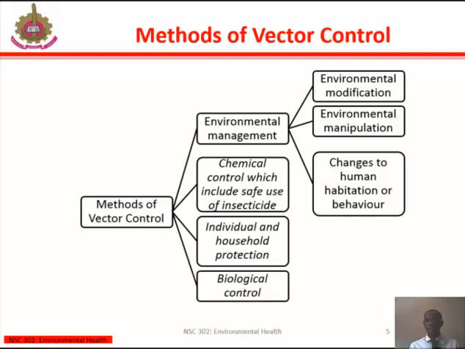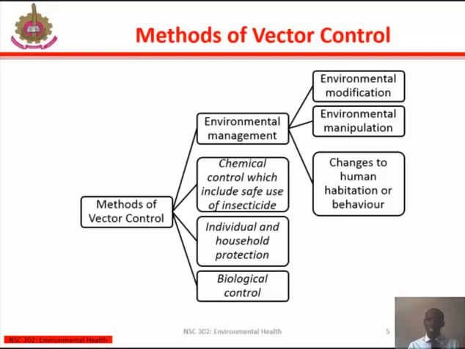Number 5, all work clothes should be removed at the end of each day's operation and showering or bathing taken. So these are some of the precautions to be taken. Let's move on to the next topic, which is individual and household protection.